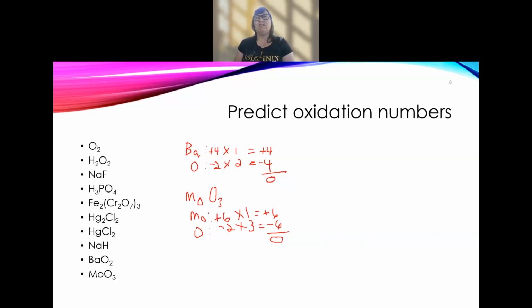Will you need to do that? Maybe. You might get asked a question like, predict the oxidation numbers for these. That's a possibility. One of the other things that you might see is that during the balancing of some chemical equation, you might get asked, out of this stuff that you're looking at here, what is the oxidation number on this species?